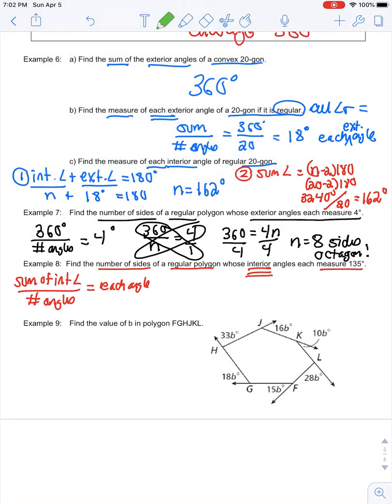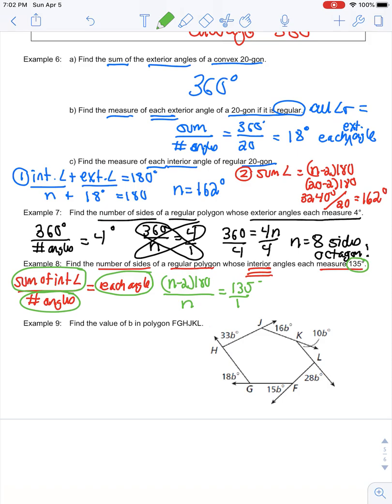But with interior angles, the sum is not always the same. So we have to find the sum, we have to do n minus 2 times 180. We're going to divide by the number of angles, which is still n, and that should give me the measure of each angle, which we knew here was 135 degrees.